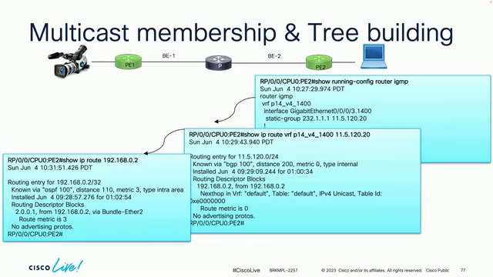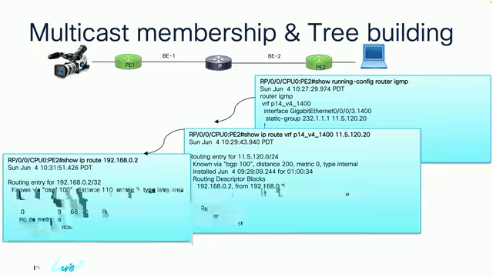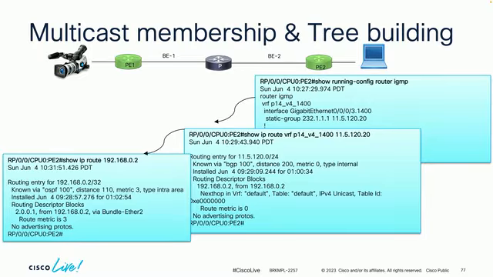I need to take a look at reachability in the VRF table, and once I have reachability in the VRF table, I need to see if I can reach this BGP next hop from the underlay, because when I am building hop by hop trees, these trees are going to be built in the underlay. So I have to have underlay reachability as well. This is the very first step to take a look at when you are receiving a join, but these joins are not taking any effect. So the first thing I would check is the unicast reachability.